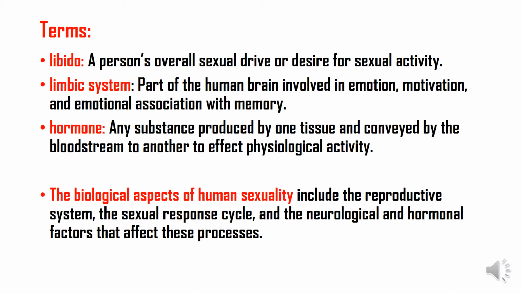The third is the hormone: any substance produced by one tissue and conveyed by the bloodstream to another to affect physiological activity. The biological aspects of human sexuality include the reproductive system, the sexual response cycles, and the neurological and hormonal factors that affect these processes.